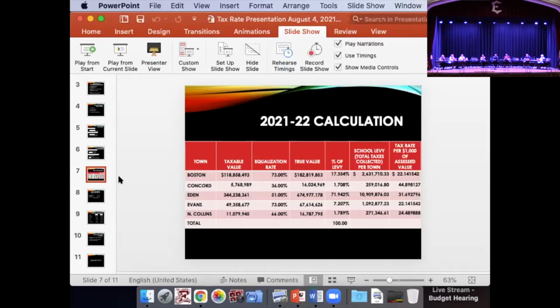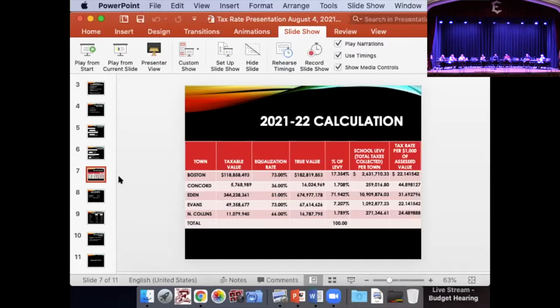Their percentage of the levy is 7.207, or $1,092,877.23 of the levy, with a tax rate of $22.141542. Ironically, Boston and Evans came out with the same tax rate this year. It's just an anomaly of the numbers.